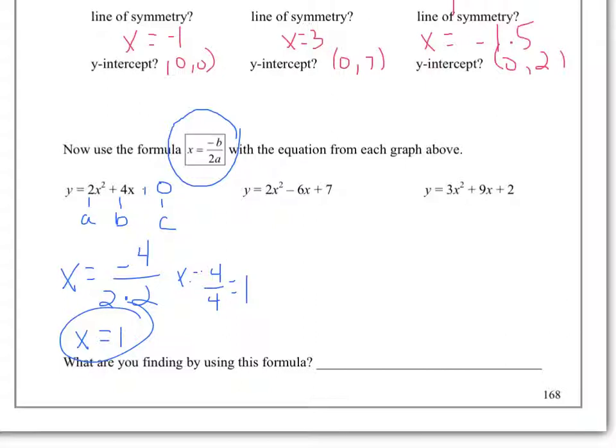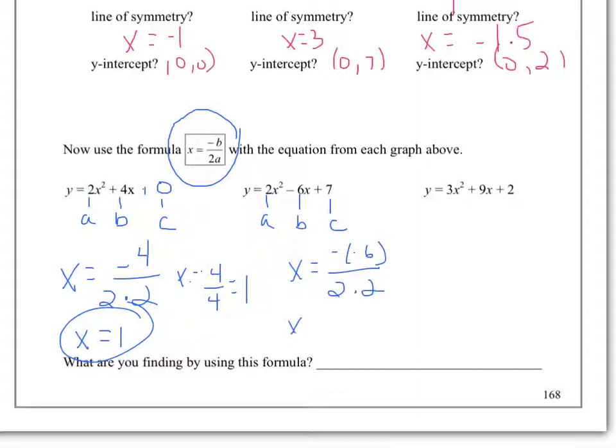Moving on to the next one. I'm just going to label them again, a, b, and c. So x is equal to -b, so -(-6), because b is -6, over 2 times a, which is 2.